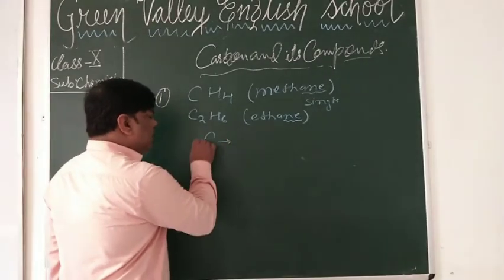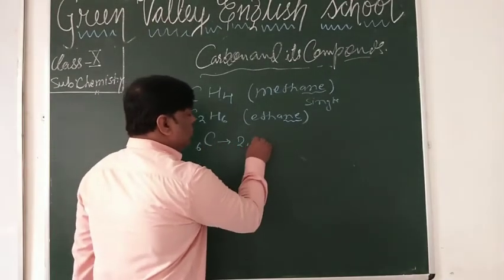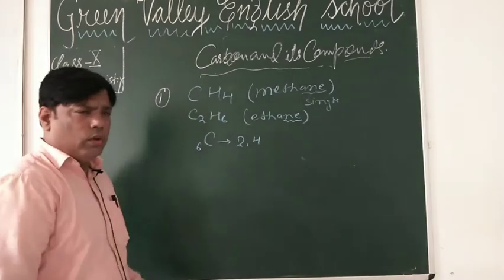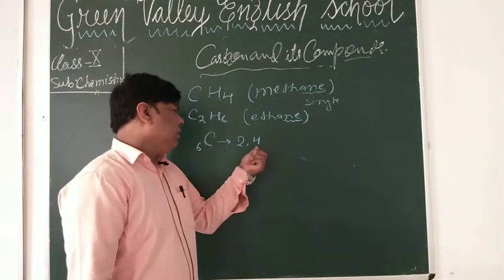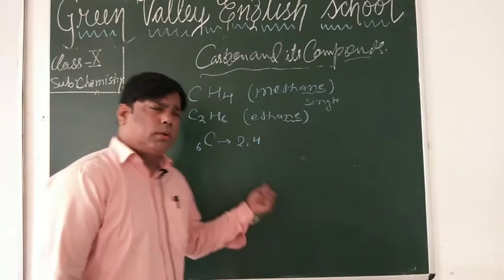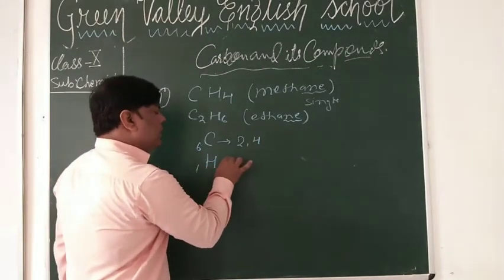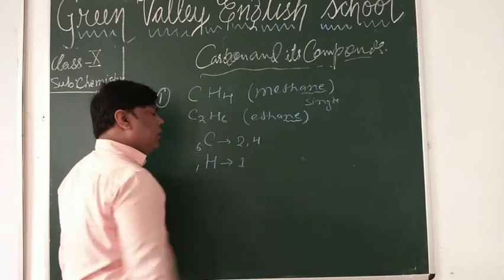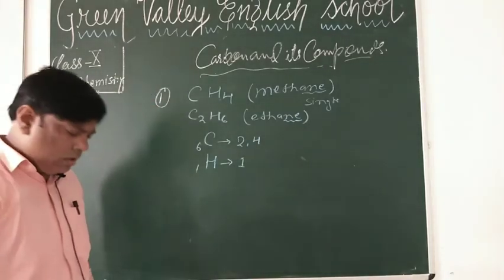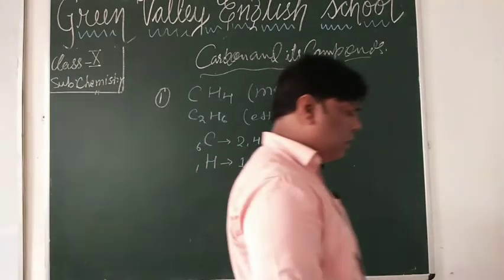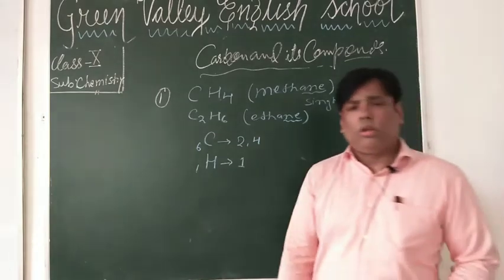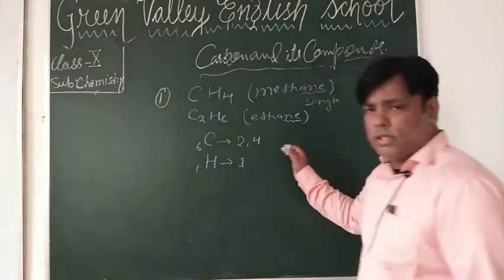So atomic number of carbon is 6, electronic configuration is 2 and 4. There are 4 electrons in outermost orbit of that particular carbon. And what about hydrogen? Atomic number is 1 and 1 electron in outermost orbit. Now how to draw the electron dot structure for these hydrocarbons?